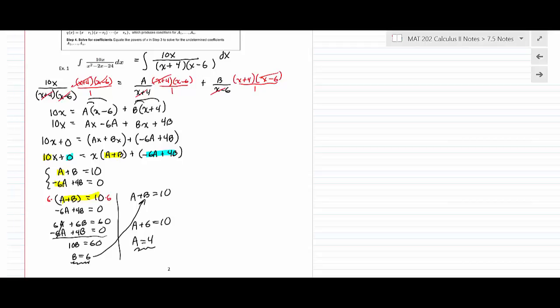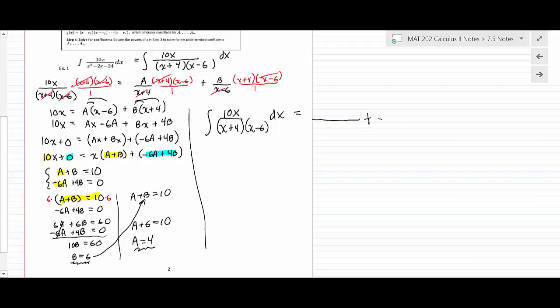Now we're ready to do the calculus. I'm going to start by writing down the integral in the factored form. So we have 10x over (x plus 4)(x minus 6) dx. Remember the way this went: we started off with a over x plus 4 and b over x minus 6.